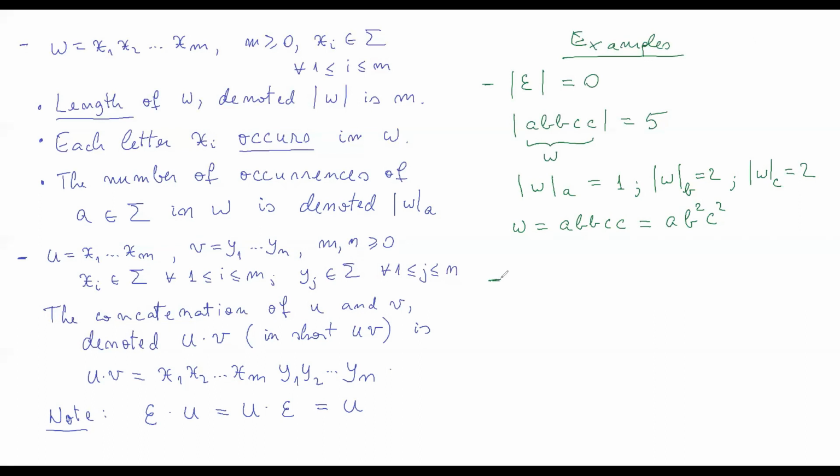If we have, say, word U to be A, B, B, C, C, and we have word V to be, say, B, A, C, then the concatenation UV is, first I'm writing all the letters of U, so that's A, B, B, C, C, and then followed by B, A, C, all the letters of V. So that's the word UV, the concatenation of U and V.